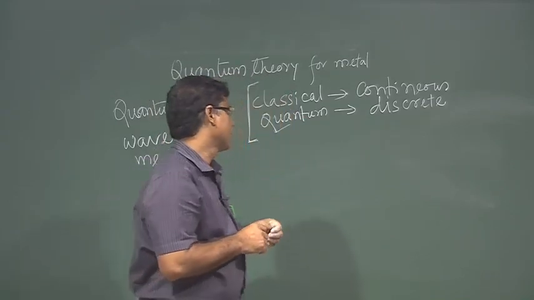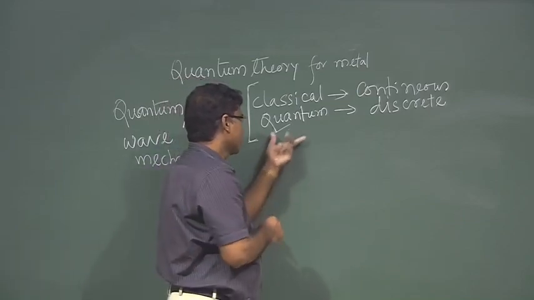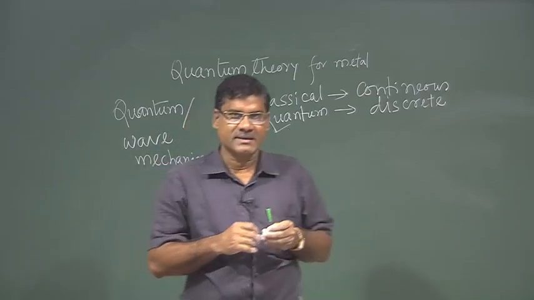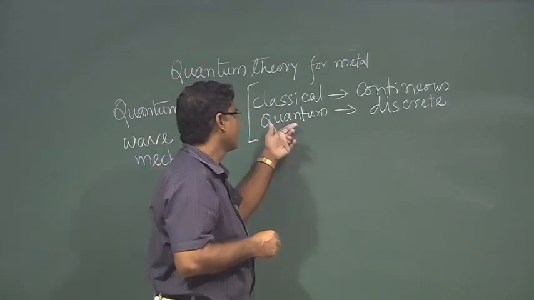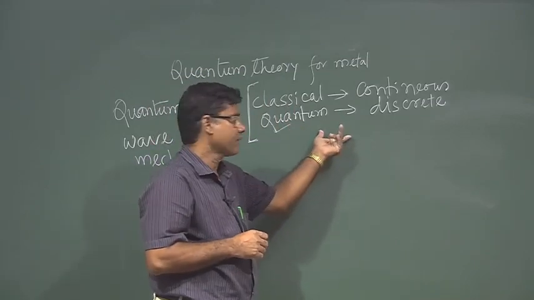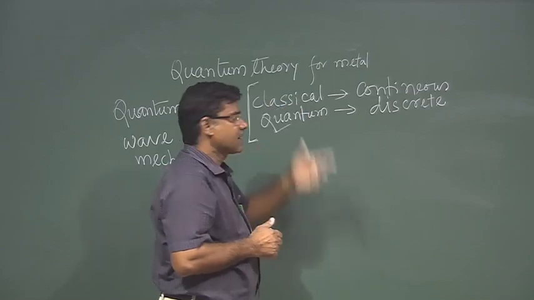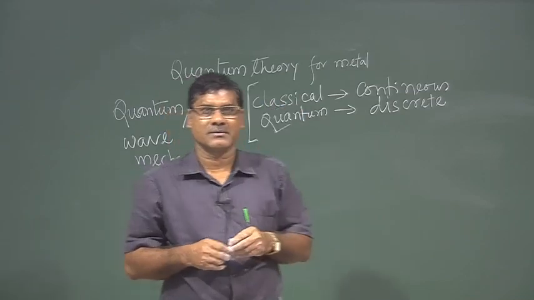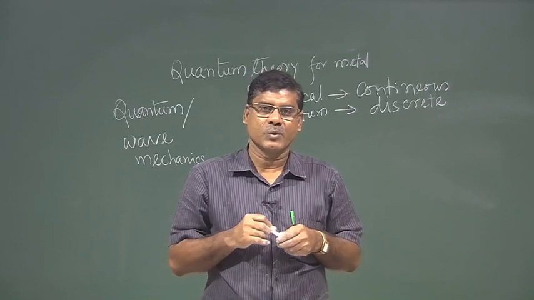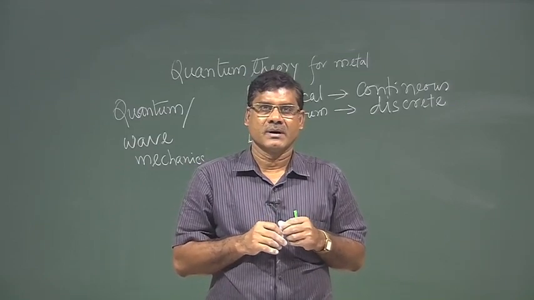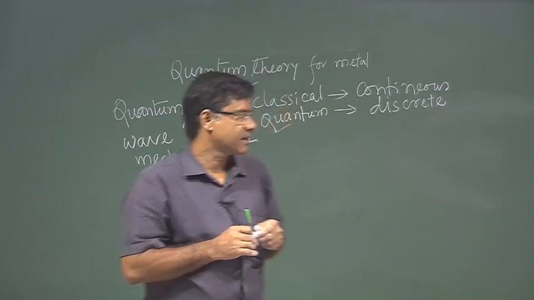So, if you determine one precisely, uncertainty will come to the other one. Okay. But in classical mechanics one can determine position as well as momentum accurately and simultaneously.